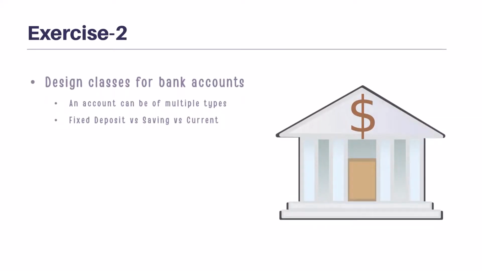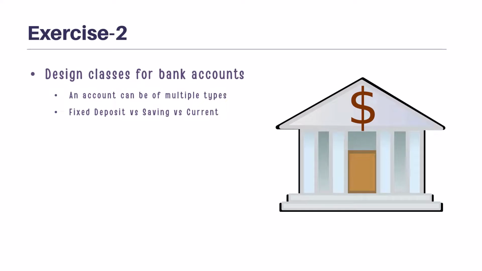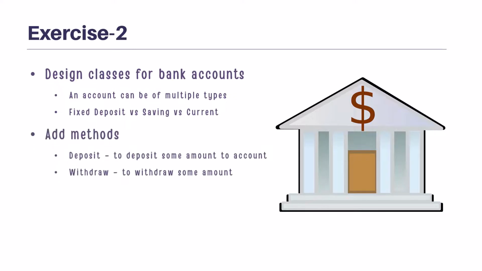Now let's have a look at the second assignment. Second assignment is a bit tricky. Any bank supports savings accounts, current accounts and fixed deposit accounts. And there can be other types of accounts as well. So what we have to do is create classes to represent these accounts. Every class should have two methods, deposit and withdraw. Add general validations in these methods. Some general validations are the amount that you want to deposit should be greater than 0, or let's say the amount that you want to withdraw should also be greater than 0.